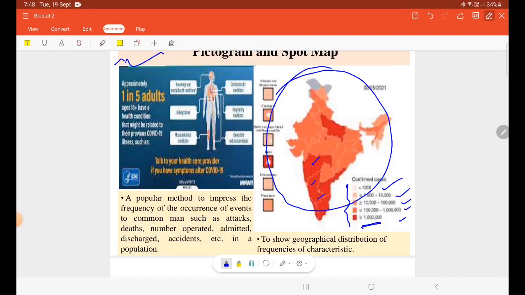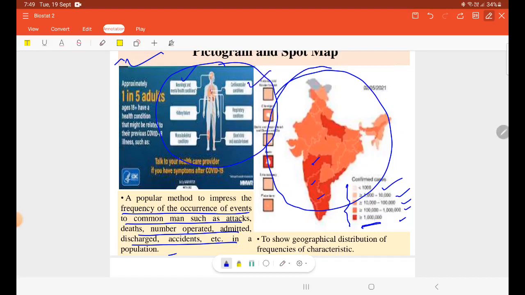Pictogram is expressing the data with pictures. It is a popular method to express frequency. So the body of a human being has been shown, and the organ affected by COVID-19. So how many people are neurologically affected? Against the brain it can be shown.